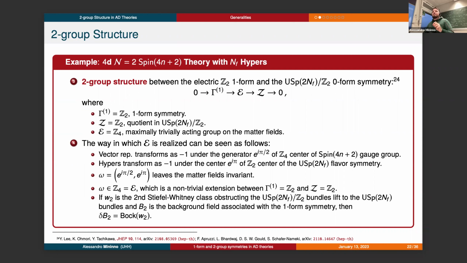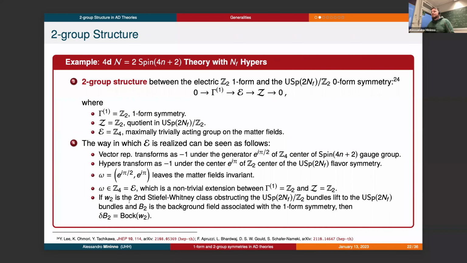You will need to find that the variation of the B2 is exactly equal to the Bockstein homomorphism associated to this exact short sequence applied to W2.